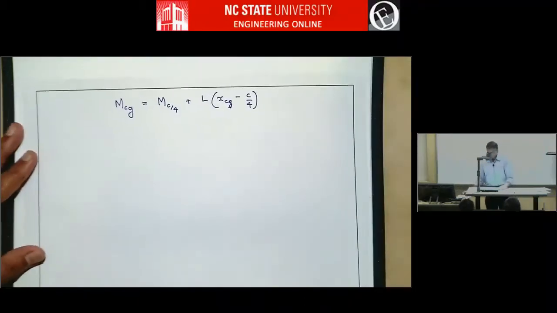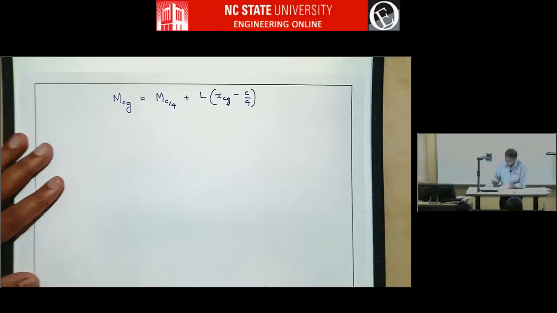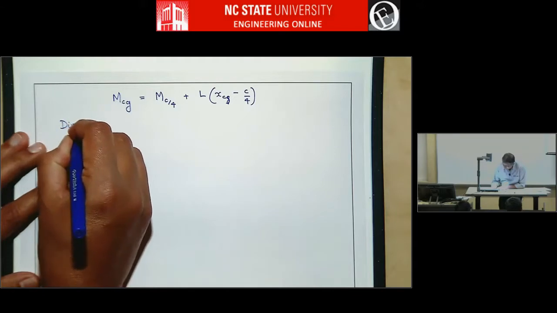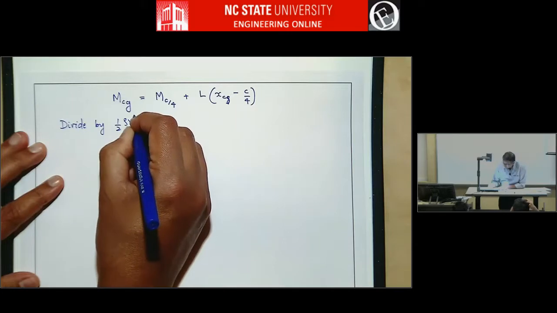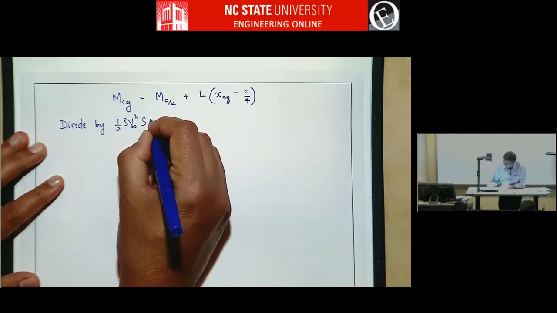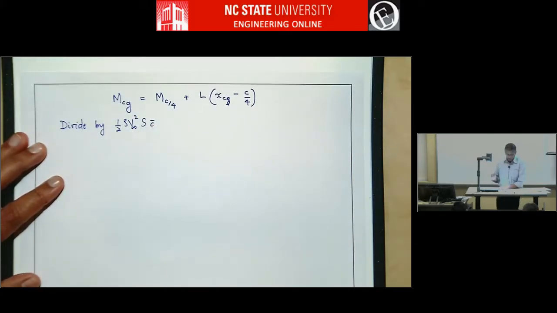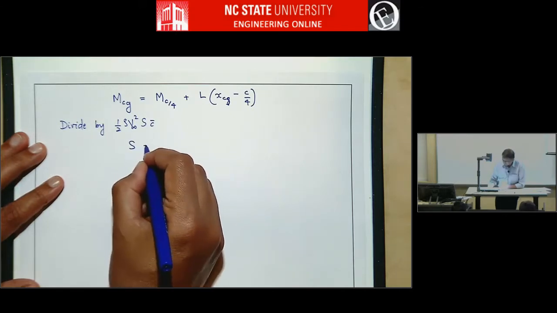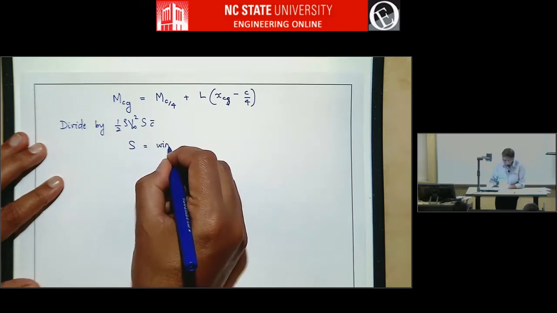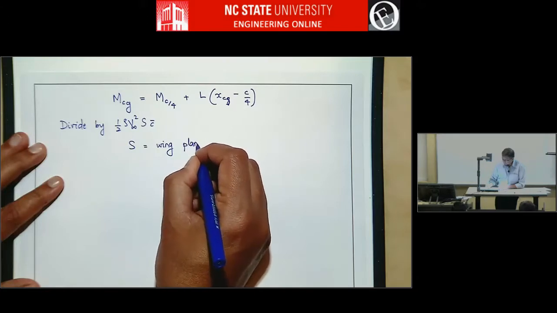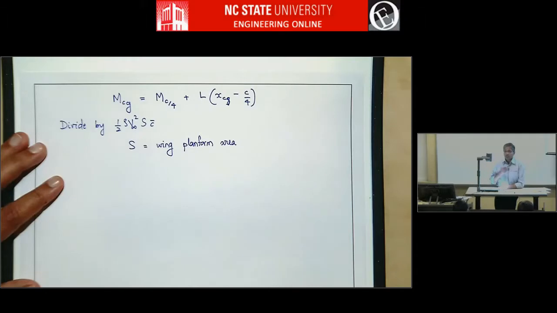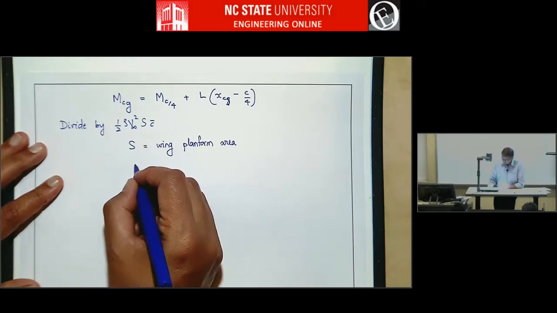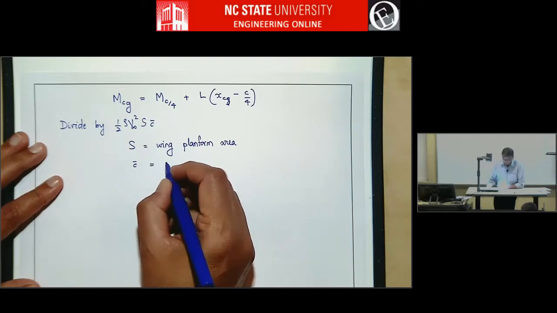Okay, so now we divide by half rho v infinity squared S c bar, because we want to write this as a moment coefficient. Here S is the wing planform area. That's usually the area used as a reference area for defining lift, drag and moment coefficients.